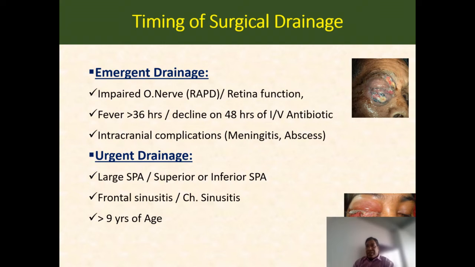The timing of surgical drainage of abscess differs depending on the patient's presentation. It can be categorized as emergent drainage or urgent drainage. Emergent drainage is indicated for impaired optic nerve function or compromised retinal function, fever that persists more than 36 hours or does not decline within 48 hours of initiating antibiotic therapy, and abscess associated with intracranial complications.